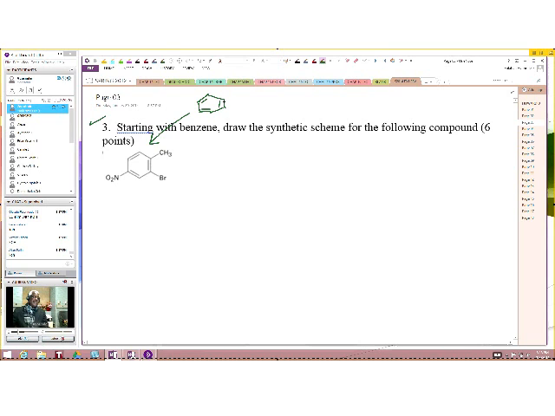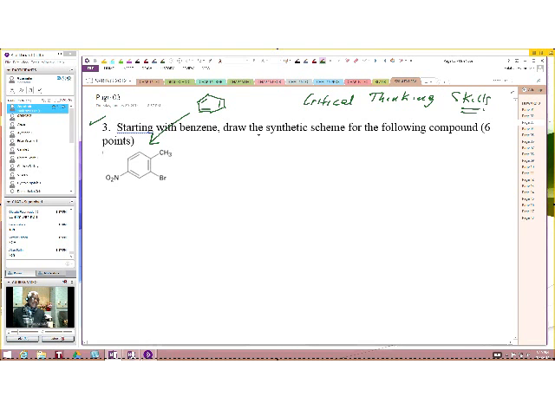Starting from benzene, they want you to make this compound here. In this type of question, you need to know your reagents, and then you need to be able to put together a sequence of reactions that will ultimately give you this product. That means you need to use what I always refer to as critical thinking skills.